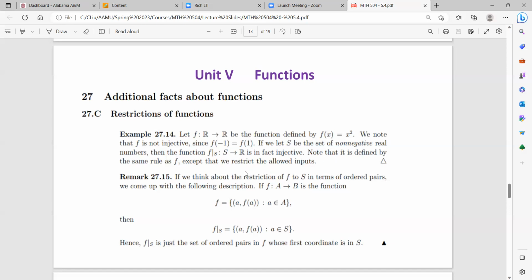The rule is the same, but the domain changes. So we restrict a lot of inputs.